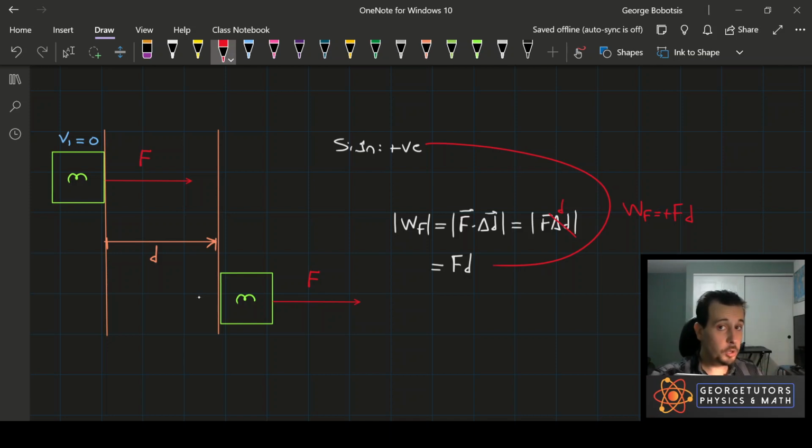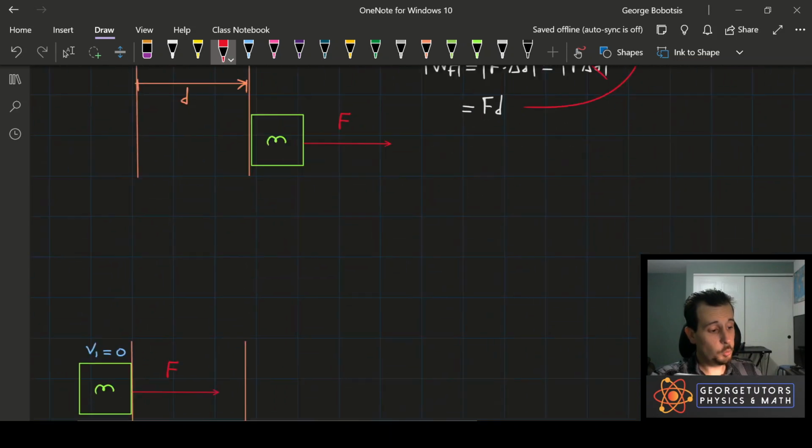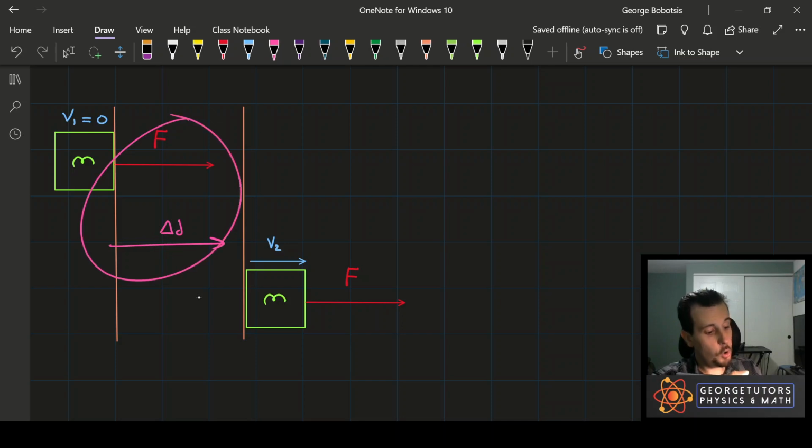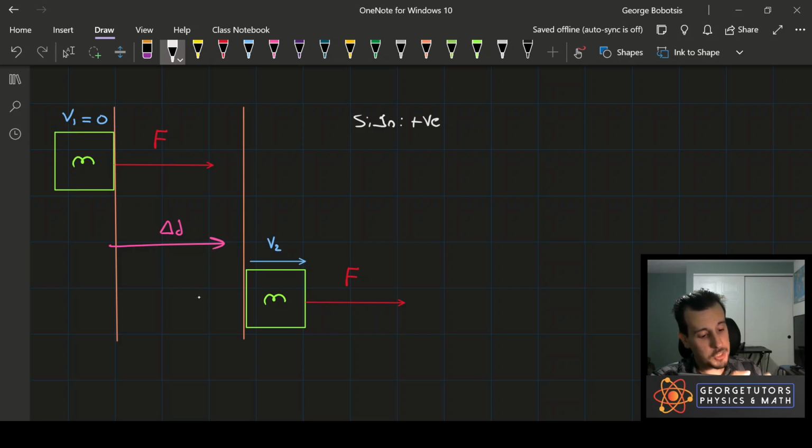So, what if you weren't given the displacement and you were actually given the velocities? What do you do now? Well, this is again still fairly straightforward. We see that the box has a tendency right now to move to the right, and it does move to the right. So the displacement and the force are actually aligned, which makes the sign that I'm expecting to be positive.